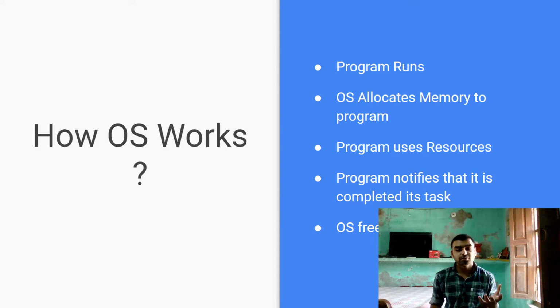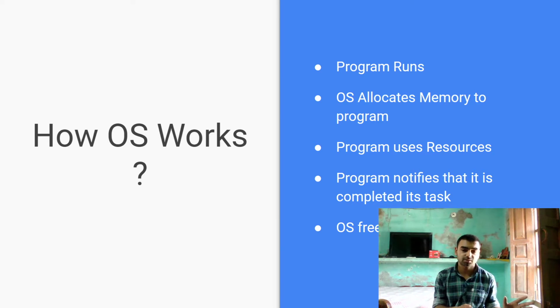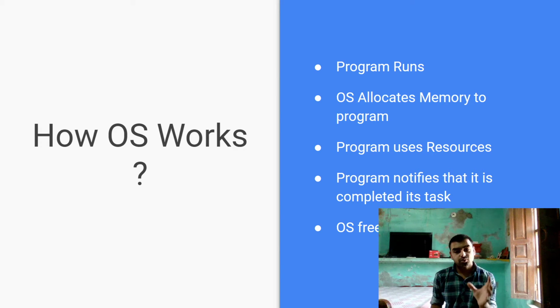Whenever the program exits, it notifies the operating system that it has completed its tasks and no longer needs the operating system or hardware resources. So in order to signal the operating system that my execution is complete and I want to free the resources, the program returns some kind of integral value to the operating system.